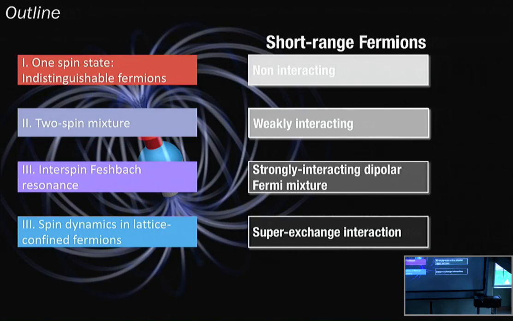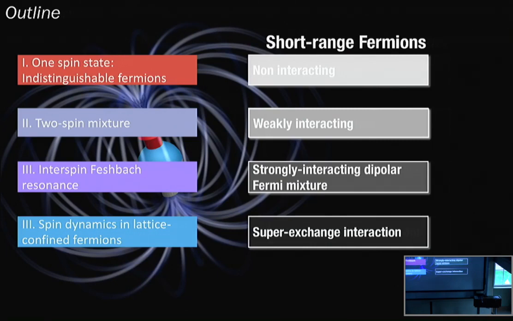So at the end, you can get a Fermi gas which is really an ideal one with no interaction. Then in a two-spin mixture, you can create weak interactions. Then you can search for a Feshbach resonance, and then you go into the strongly interacting regime. And then when you study spin dynamics in lattice-confined fermions, a lot of the spin dynamics observed and discussed is driven by the superexchange interaction.